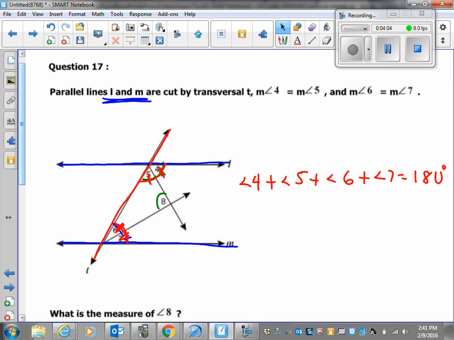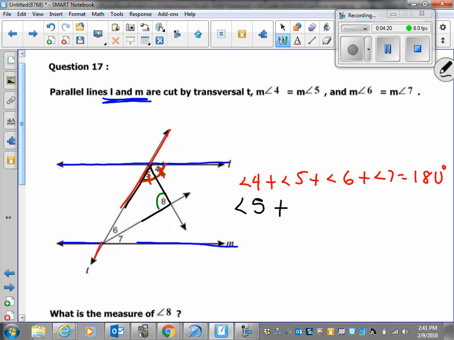I also know that this triangle here has to equal 180 degrees. So angle 5 plus angle 6, right? That's what I have here.